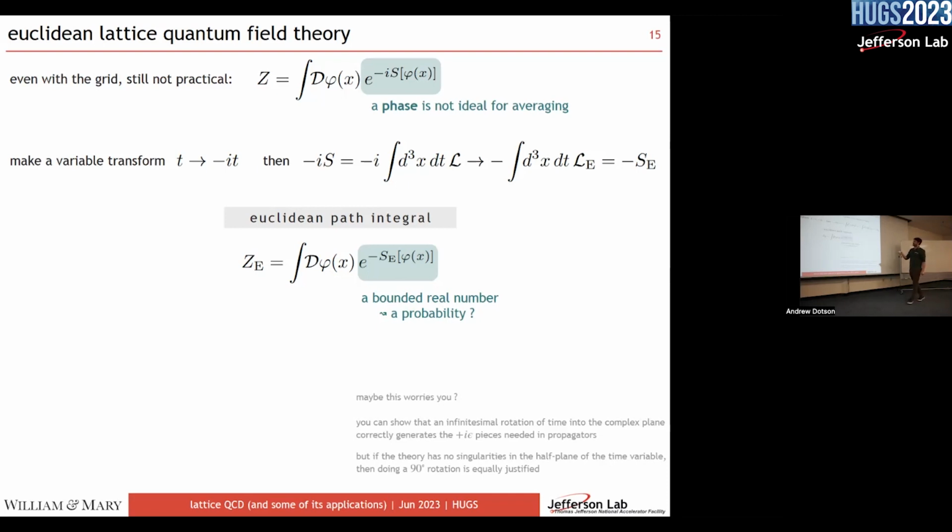And the fact that it can now be interpreted as being like a probability. This is a weighted sum, weighted by probabilities. So if it is justified to do this, this looks very promising for a Monte Carlo approach. Now, I won't go into the details here. You can ask me about this or you can read it later. In fact, this is completely justified.